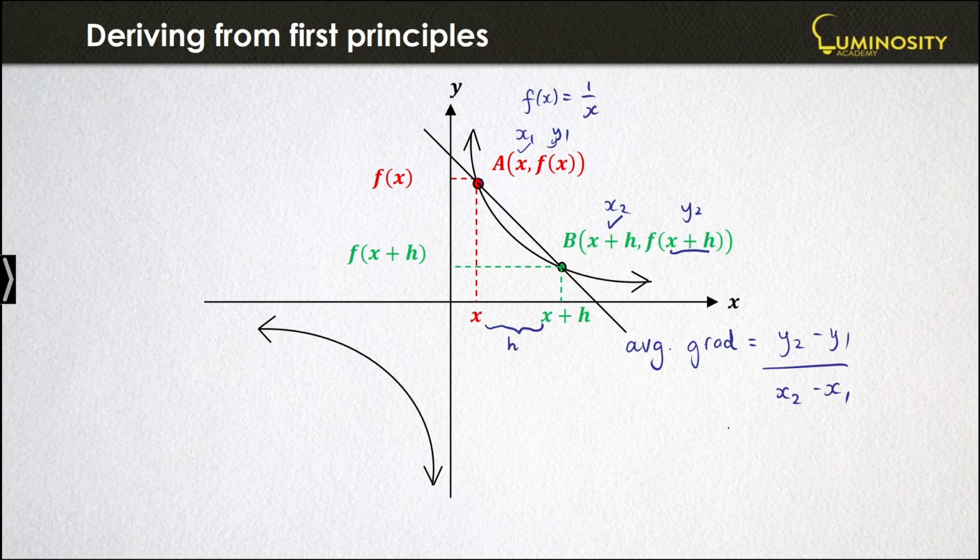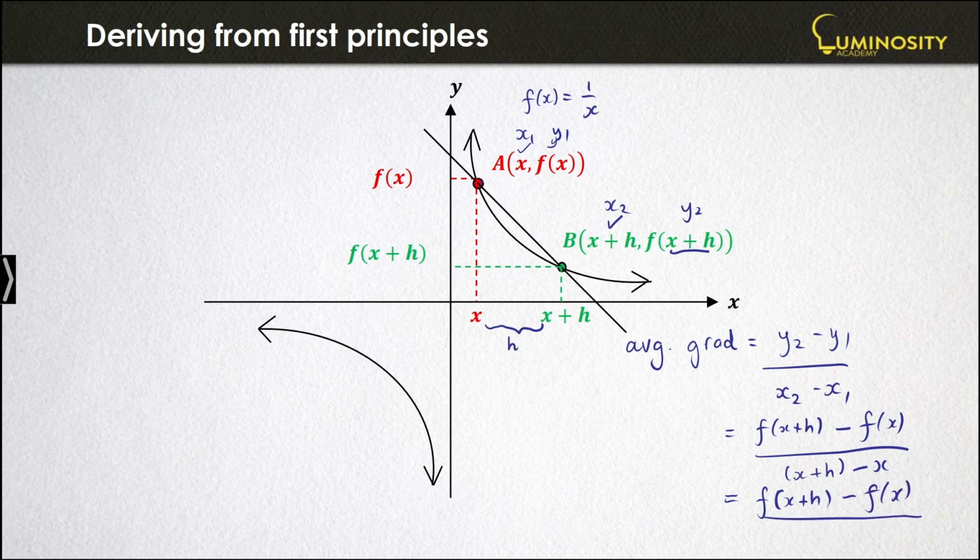That gives us f of x plus h, which is y2, minus f of x, which is y1, all over x2, which is now x plus h, minus x1, which is just x. So in the numerator, we have f of x plus h, the y value of the B coordinate, minus f of x, the y value of the A coordinate, all divided by, well, the x's cancel and we're just left with h. So that's the formula we call the average gradient of the function between 2 points.